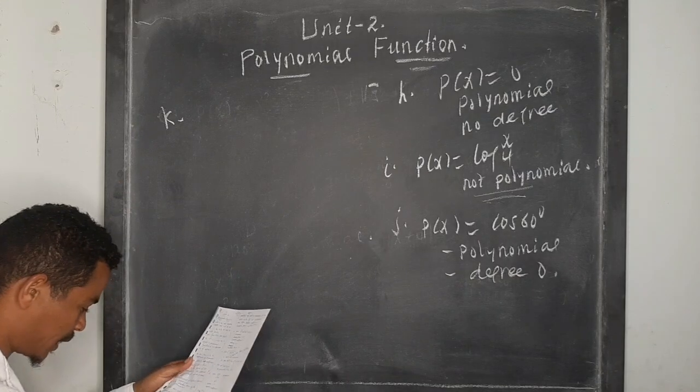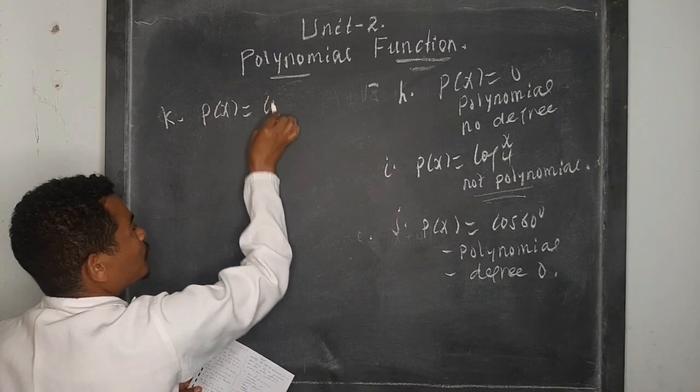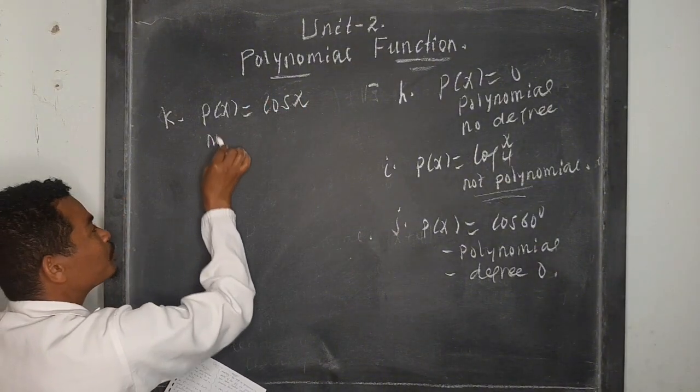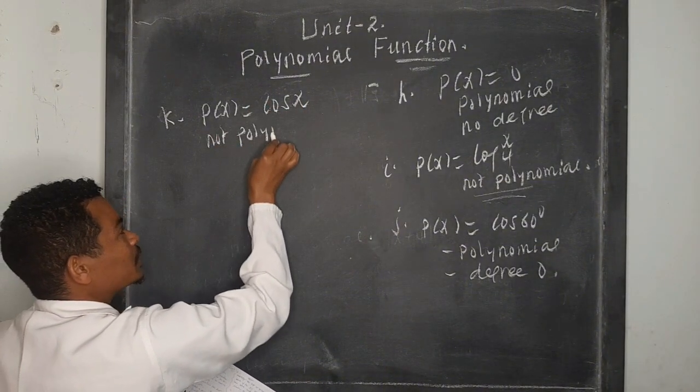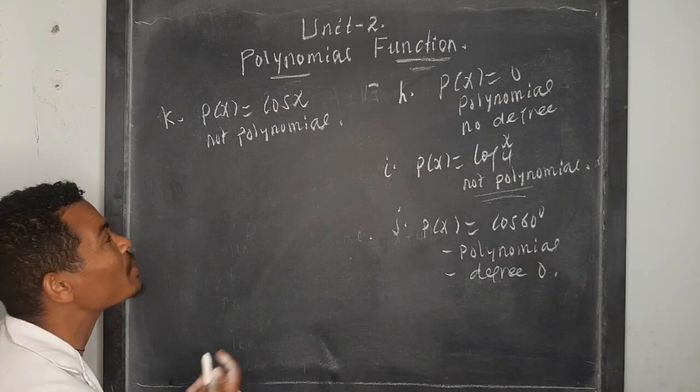k. P of x is equal to cos x. This one is not a polynomial, because it doesn't have the form of a polynomial function.